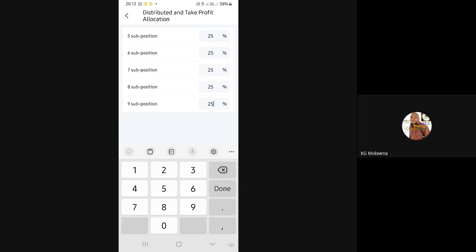So at the moment, for instance, just for our interest, you can put 2% here, or even that 1%. But maybe because tomorrow it's Friday, you can leave it at 25.